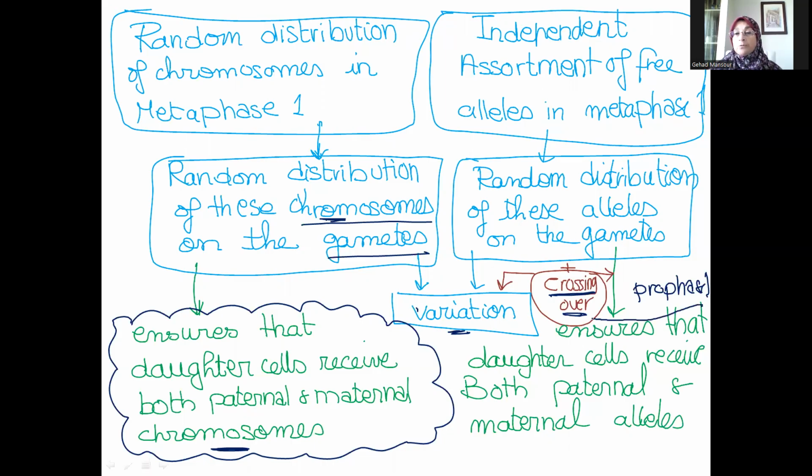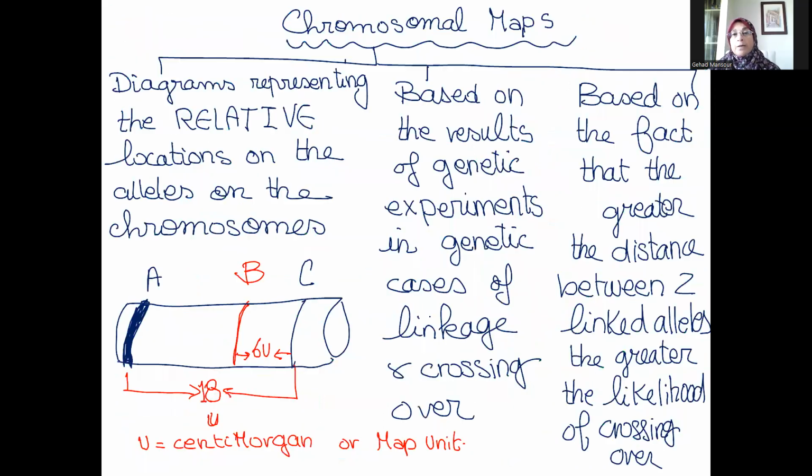And the random distribution of alleles on the gametes ensures that the daughter cell also contains both paternal and maternal, but this time alleles. So you have to be very cautious when you are using the terms. Are you talking about chromosomes or are you talking about alleles?